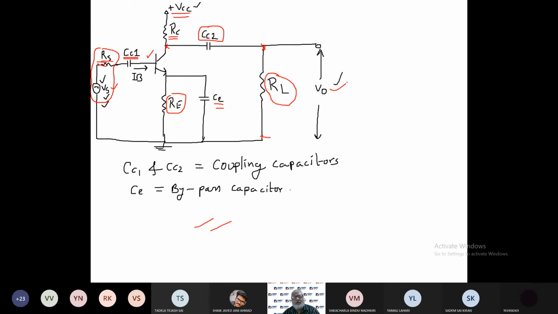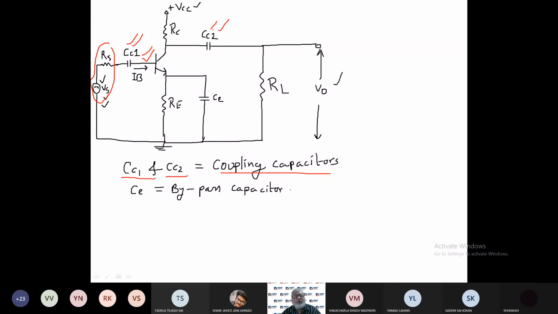And across the load I am taking the output. So here CC1 and CC2 are called coupling capacitors. Why are they used? CC1 is used to couple the source voltage with the transistor.